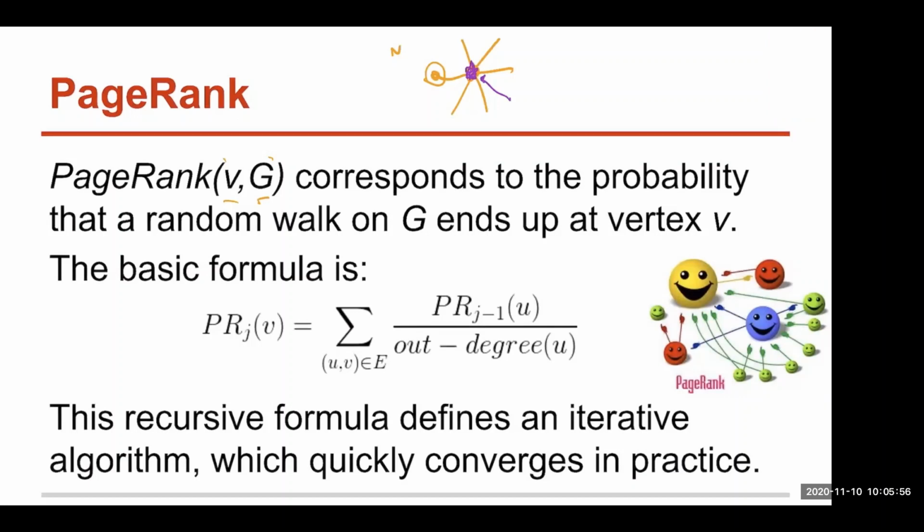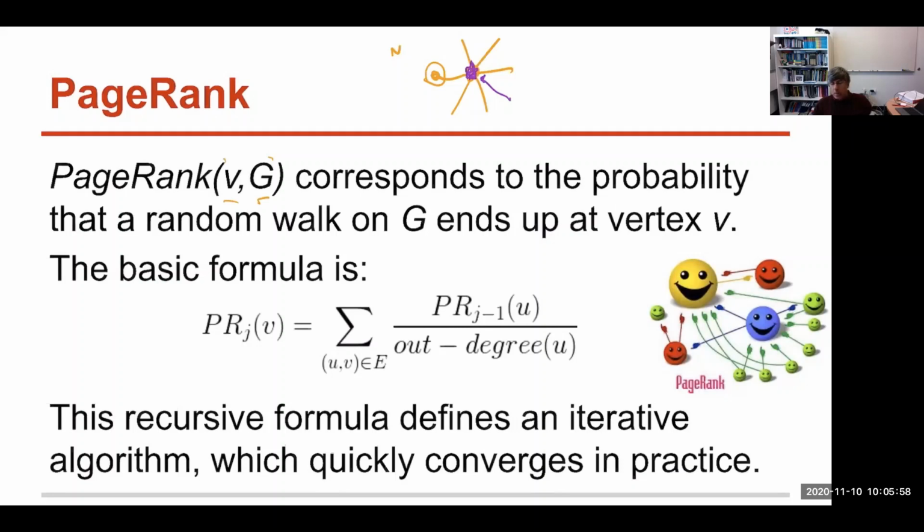Does everybody see that? 50% of the time I'm at the center of the star. The rest of it, presumably 2 over n minus 1 percent of the time, I am at this particular vertex. So all the other vertices have equal likelihood of being on, and so the other n over 2.